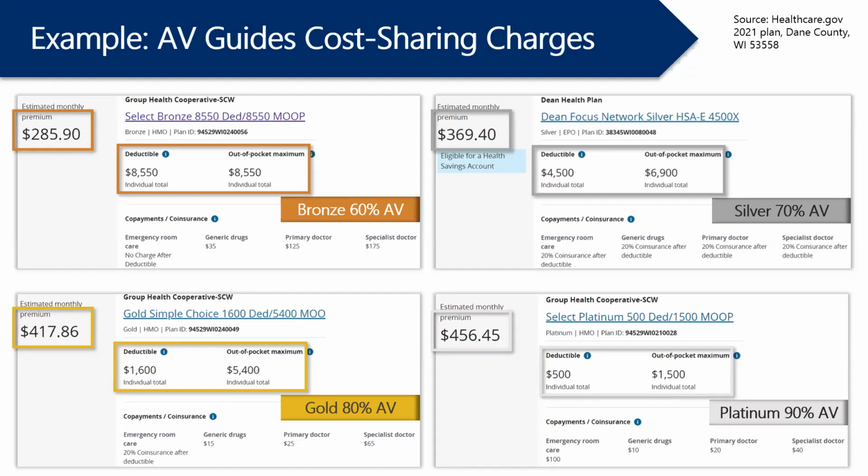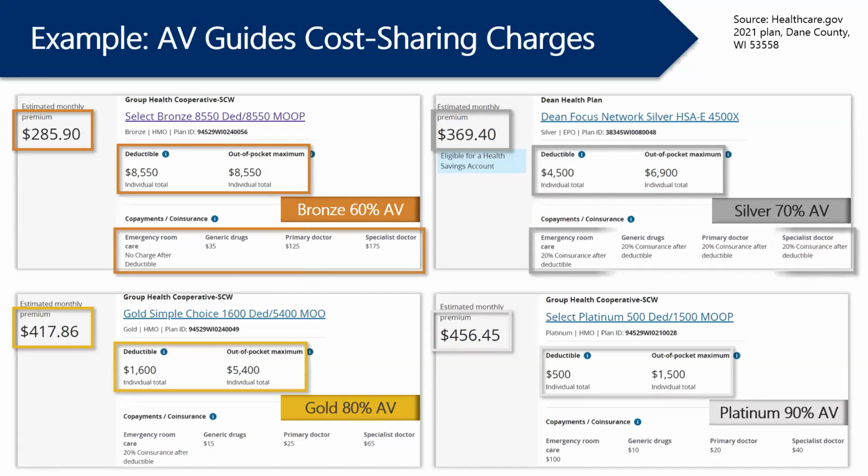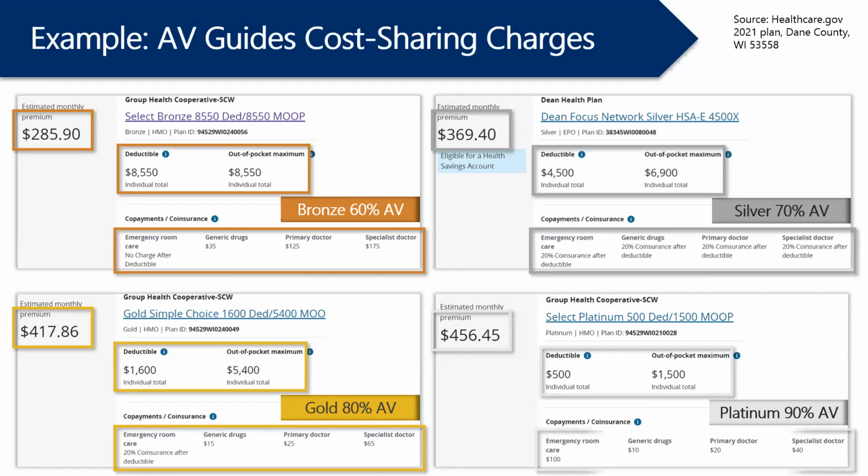So the bronze plan with 60% AV costs about $170 less per month than the platinum plan, but the deductible is $8,000 higher than the platinum plan. To further illustrate the difference in cost sharing charges across AV levels, let's look at the co-payments and co-insurance of these plans.